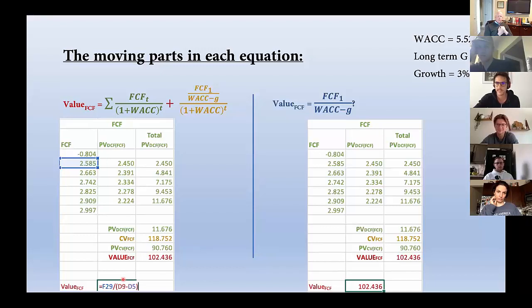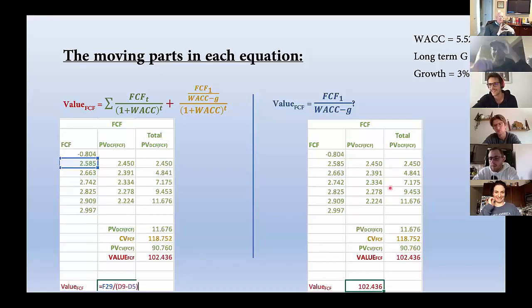Since it's a constant G, we can just take whatever number of the free cash flow here, but it's easier to take the first one because we don't have to use the present value here. So we can find the exact same value over here. I don't know if you all follow.